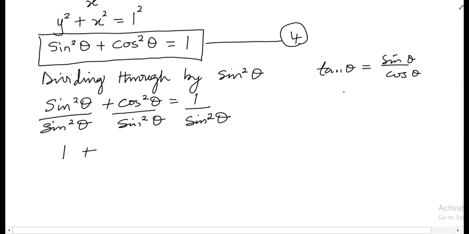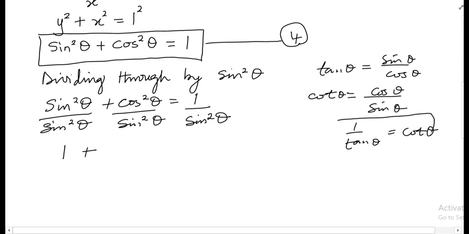Then cos theta over sine theta means you are taking the reciprocal of tan, which is cot theta. So 1 all over tan theta gives us cot theta.